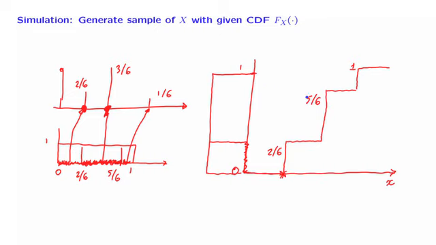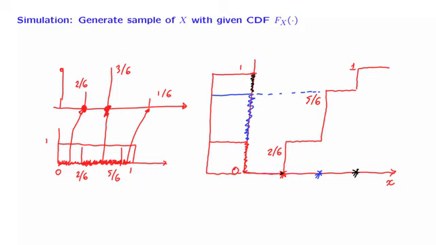If my uniform random variable happens to fall in this interval, I'm going to report that value. And finally, if my uniform falls in this interval, I'm going to report that value. We're doing exactly the same thing as before. With probability 2/6, my uniform falls here, and we report this value, and so on.